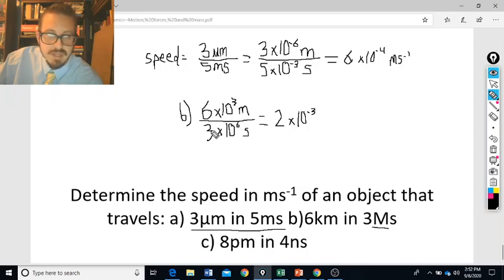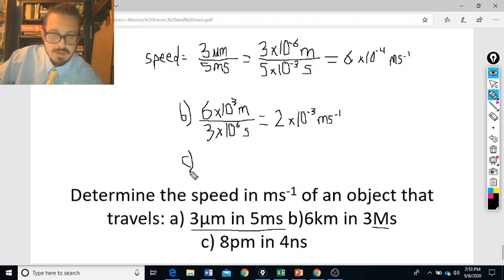So we get 2, and then the order of 10 would be 10 to the negative 3 because we're subtracting them. If you remember that, it is perhaps faster to go straight to this answer rather than typing it in the calculator. But it's really good to practice with that to build your confidence that you are doing it correctly, especially when you're first learning it.